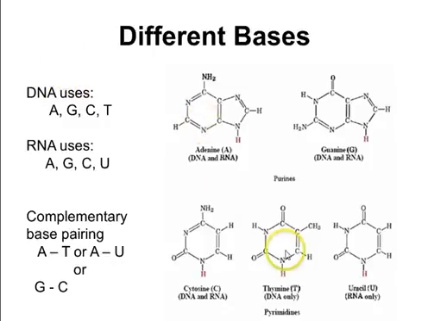Adenine always binds to thymine, or in the case of RNA, it would bind to uracil. Guanine always binds with cytosine, and that is a hydrogen bond that goes between those different structures. And that base is only going to hydrogen bond to the base that it is complementary to.